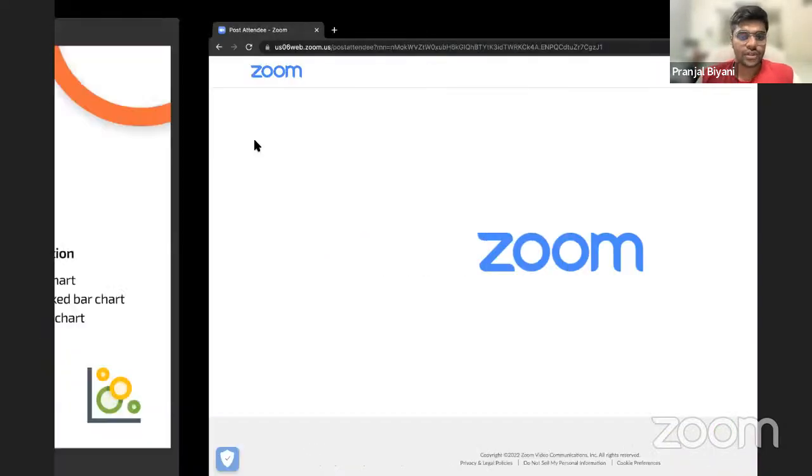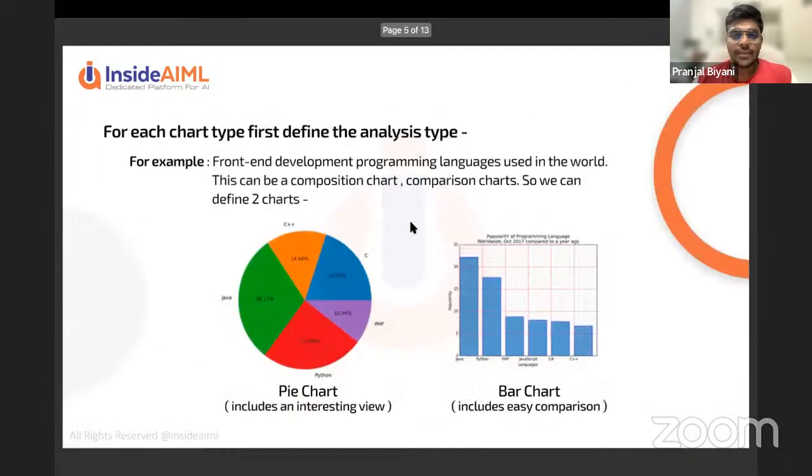Coming to the next, this is the entire process that I want all of you to think about. For each analysis, you need to define the analysis type, and based on the analysis type, you have to define the chart that you are going to use.